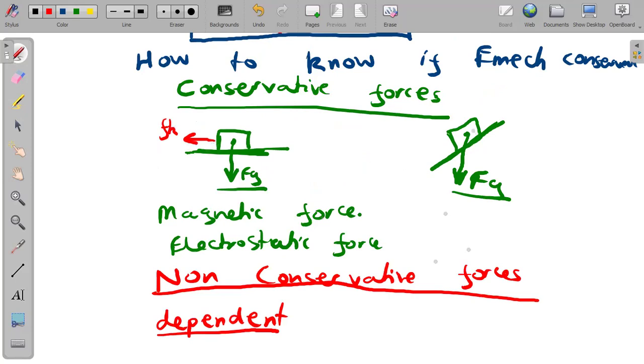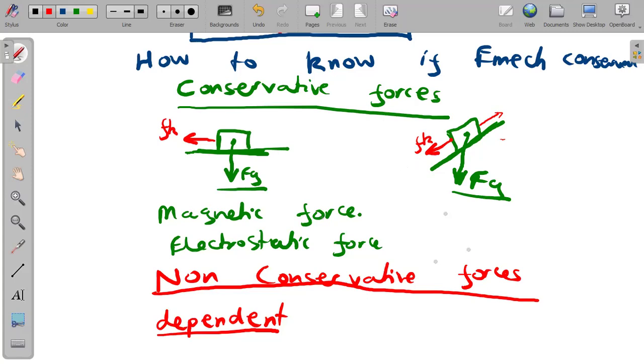Now on the inclined surface, assuming the object is moving up the incline and the surface is rough, there is kinetic frictional force acting down the incline. This means the kinetic frictional force is determined by the path taken by the object.